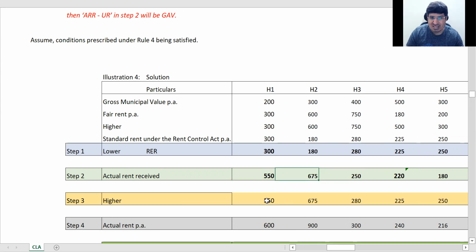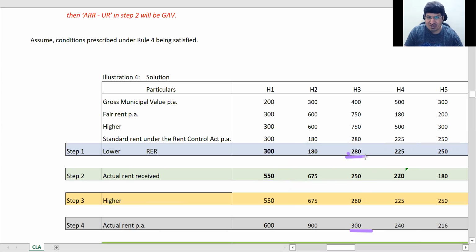In this case also this is more, 675, so write it, no need to do anything. Now here this is less; if it is less you have to check the elder brother. So the elder brother here is 300. Elder brother is more than this.